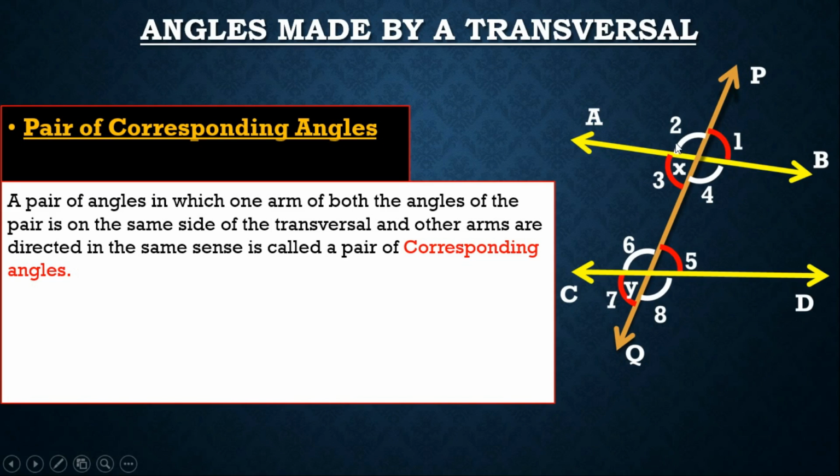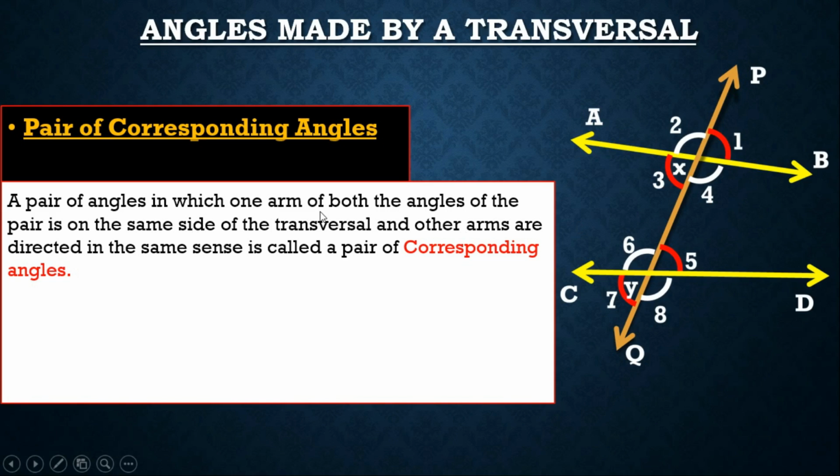One arm AX of this angle and the arm CY of the other angle are lying on one side of the transversal. Yes, this is the transversal line. So the first condition is satisfied, that is, one arm of both the angles of the pair is on the same side of the transversal.